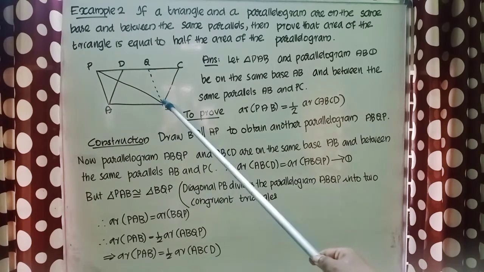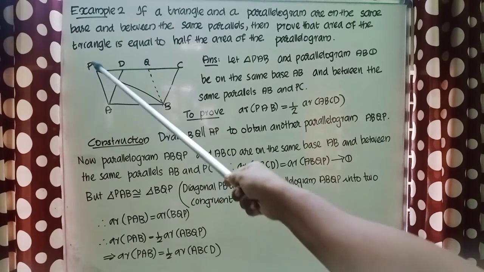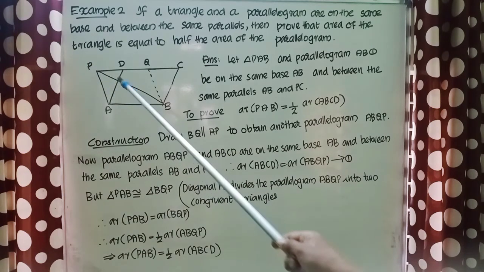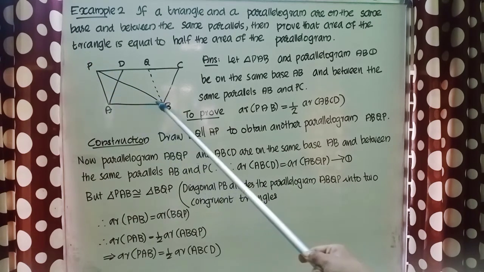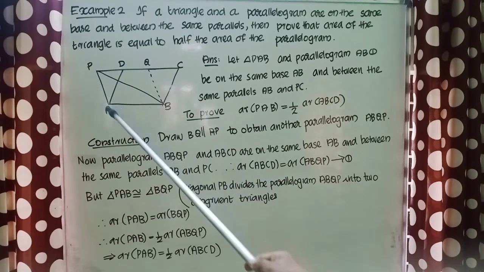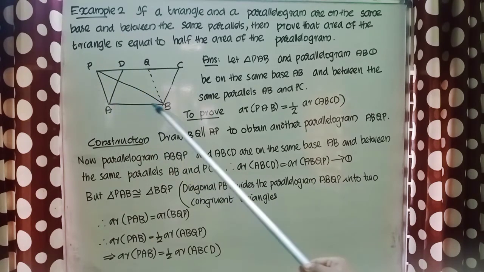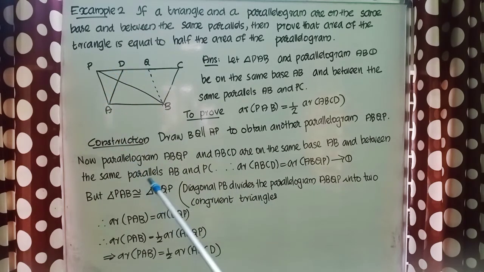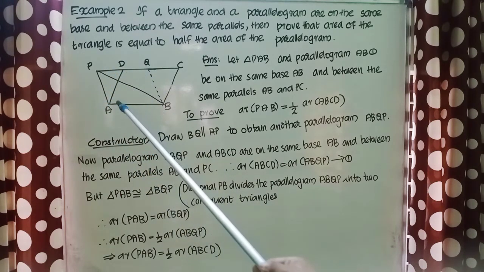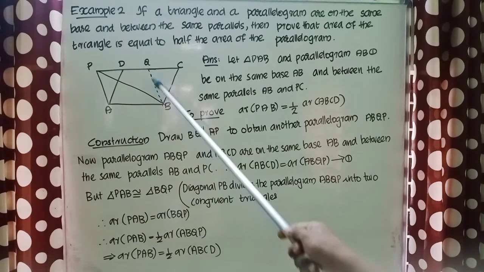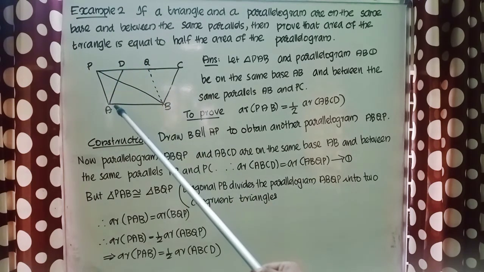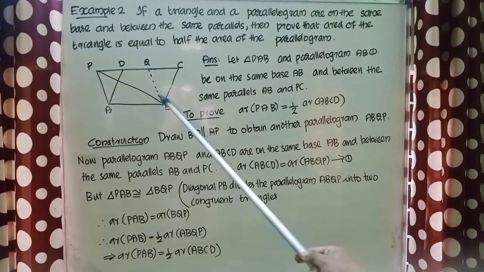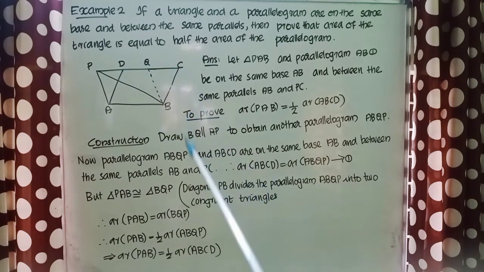Draw BQ parallel to AP to obtain another parallelogram ABQP. You can see one more parallelogram formed here. It is ABQP. Now you see the figure. You can understand this parallelogram ABQP and the other parallelogram ABCD.